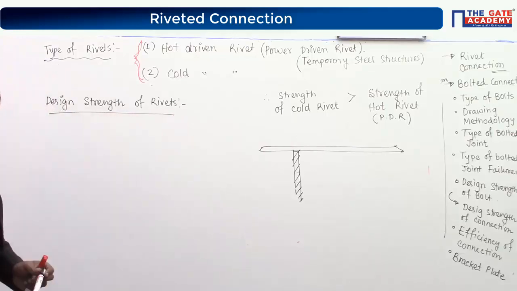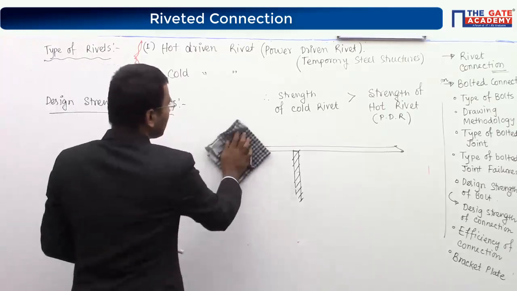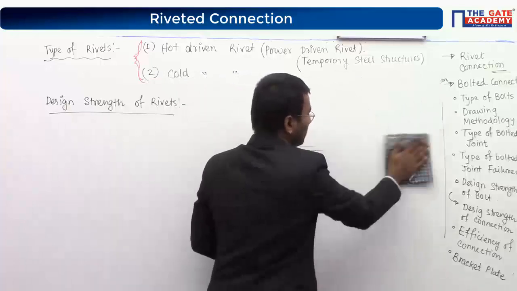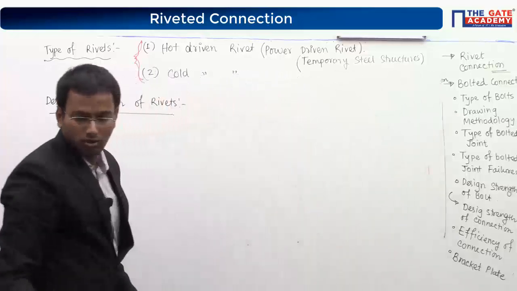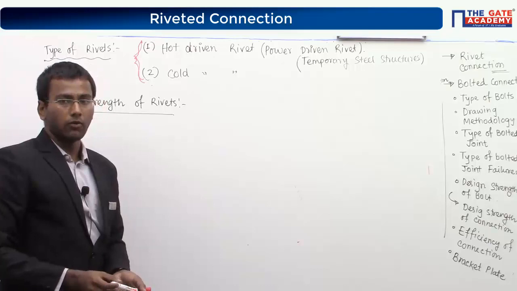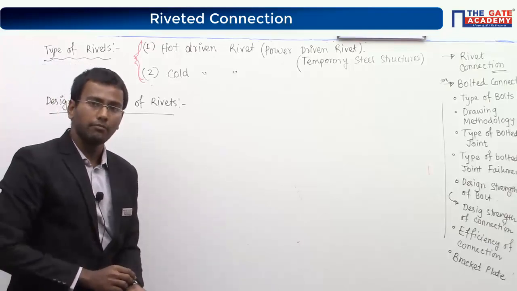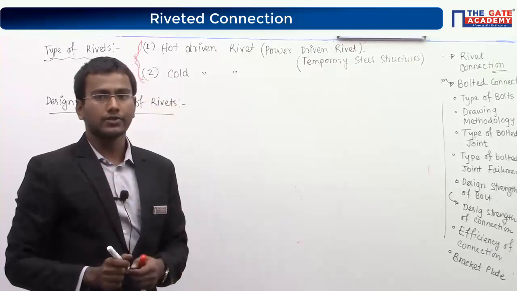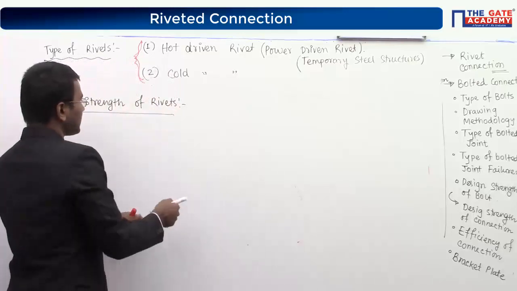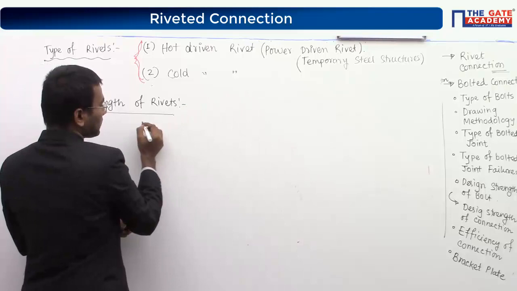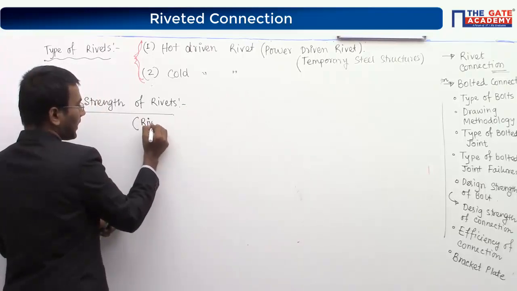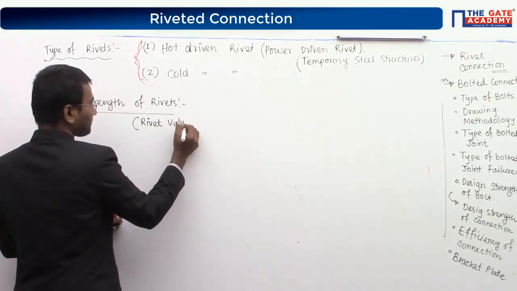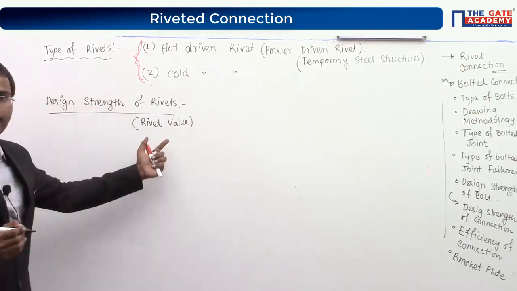So write down: design strength of rivets will be the minimum between the shearing strength of the rivet and the bearing strength of the rivet. The design strength of a rivet is also known as the rivet value.